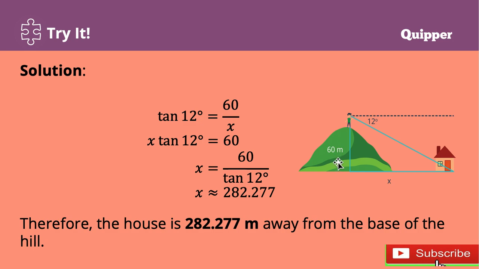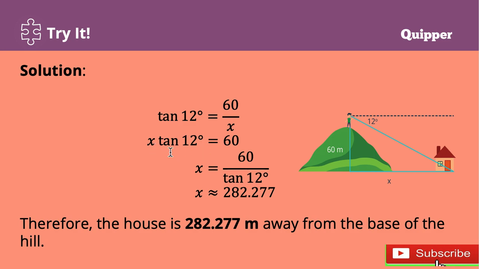The opposite side measures 60 meters. We have here 60, and the adjacent side is x. So we have here 60 over x. Now multiplying both sides by x, so we have x tangent 12 degrees is equal to 60. And then divide both sides by tangent 12.